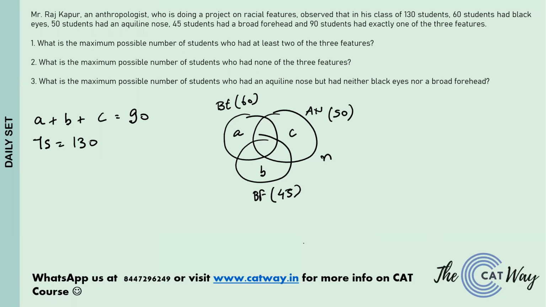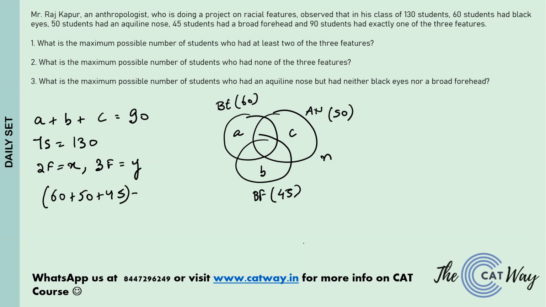Now what we can say is, let the number of students with exactly two features be equal to X and three features be equal to Y. Chalo. Now what we have here is 60 plus 50 plus 45, that is the total.